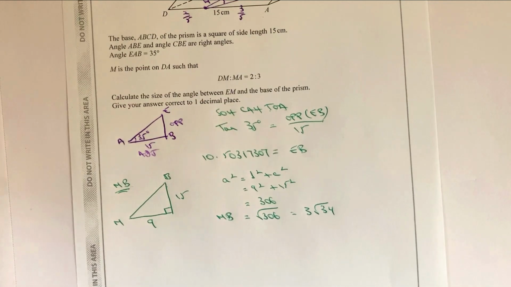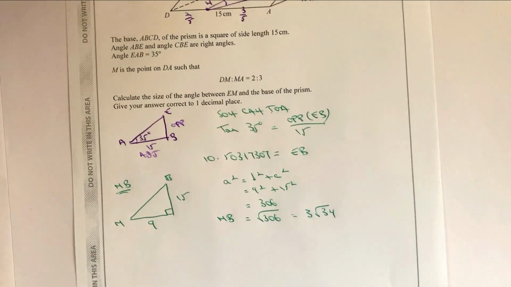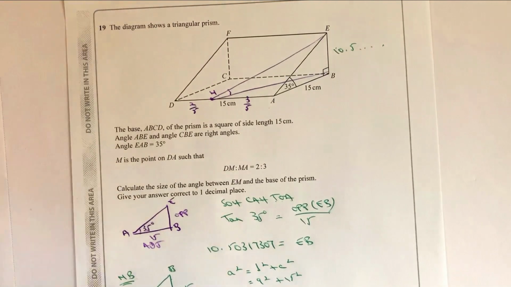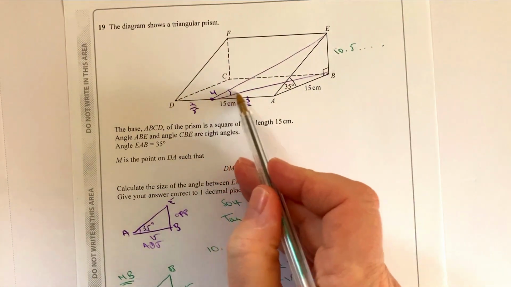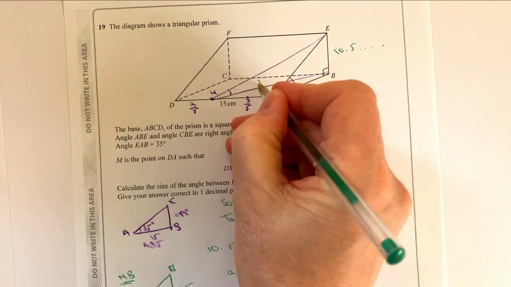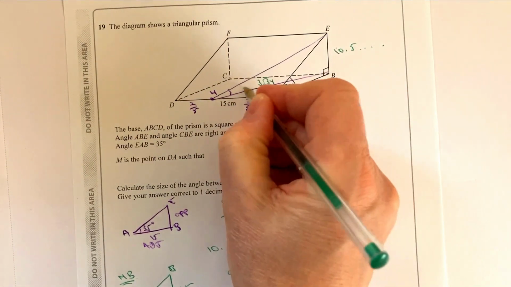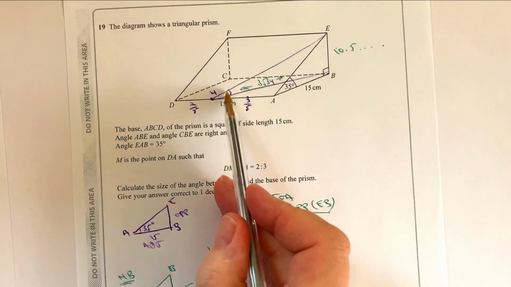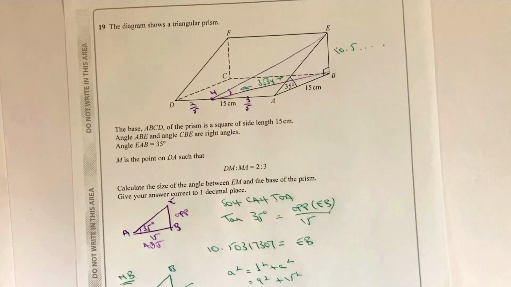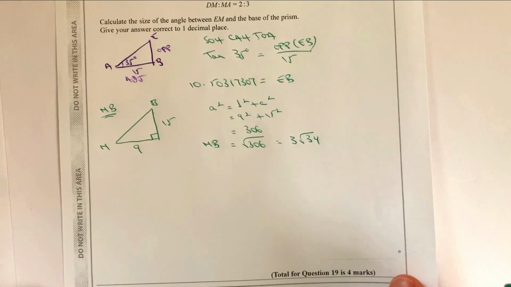Okay, so we're now thankfully in a position where actually what we do know, we go back to our sketch, is we've got the height of this triangle is that, and then the length of this triangle is going to be 3 root 34. Okay, which is brilliant for us because we're now in a position that we can then calculate this angle. And to do that, we're going to again use SOHCAHTOA.